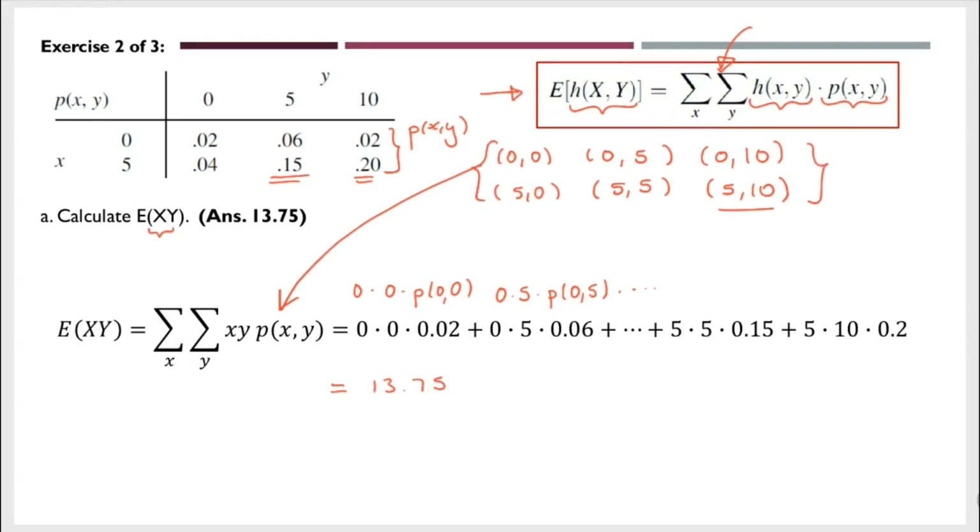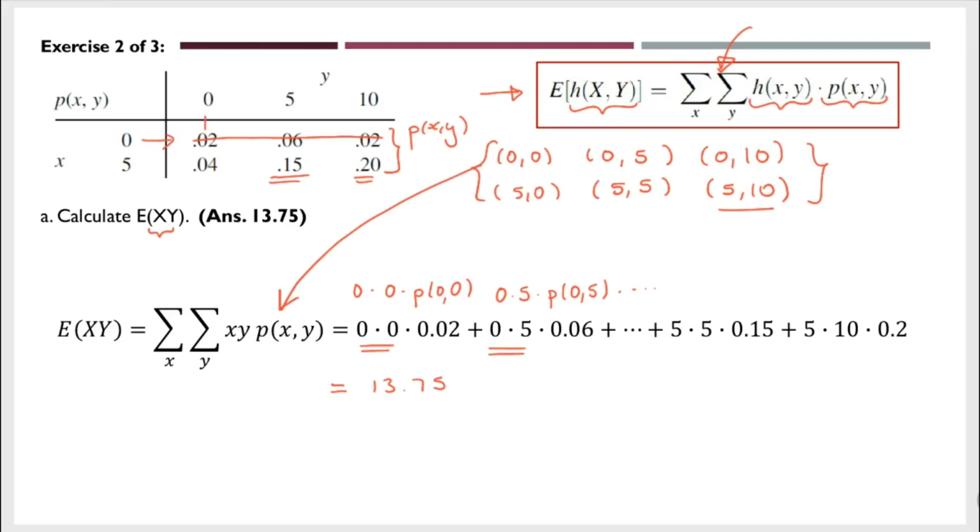One other thing that I also want to just point out for you as well, which you might notice, is sometimes when you are doing these products, some values vanish. So you don't have to waste your time including them because they automatically become 0 because you're multiplying by 0. So for instance, in this case where each term is multiplied by xy, then that means all of these terms here that have zeros, they're going to be 0 because x is equal to 0 for that whole row.